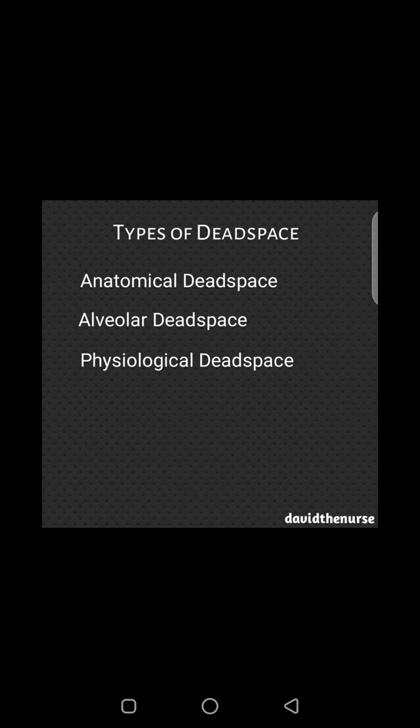Now, the last classification is physiological dead space. Physiological dead space is the sum total of anatomical dead space and alveolar dead space. I will say that again. Physiological dead space is the sum total of the anatomical dead space and the alveolar dead space.